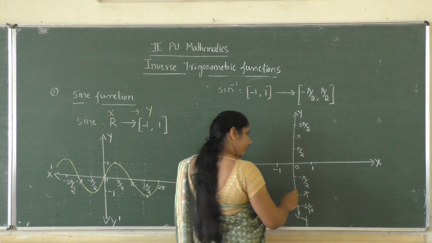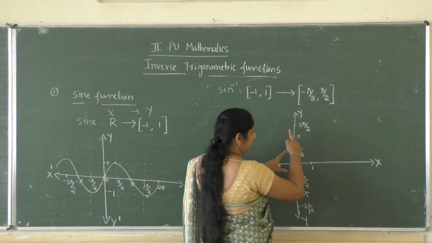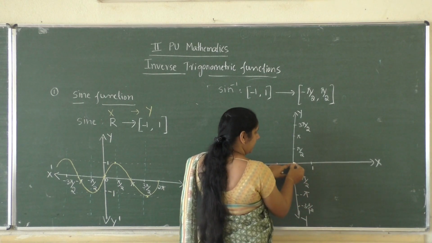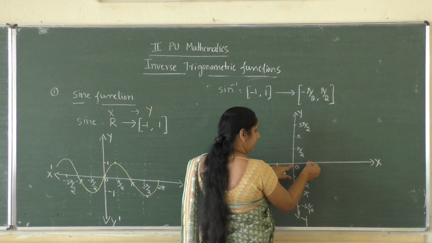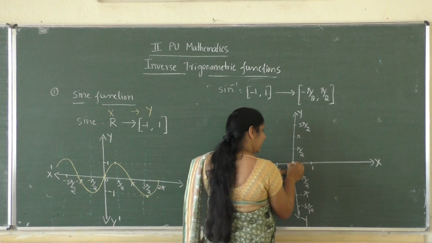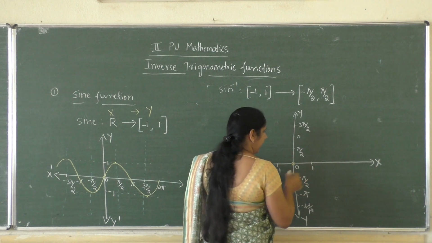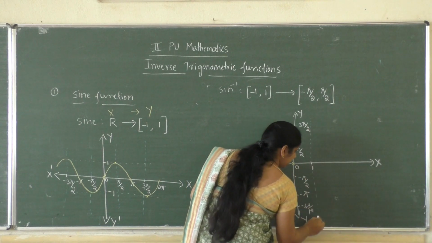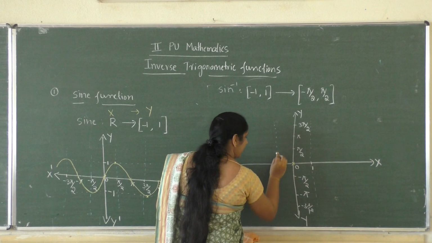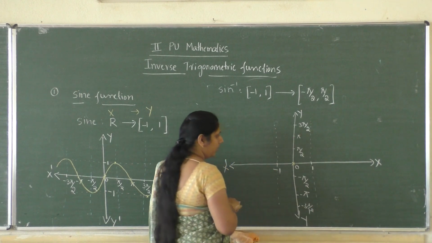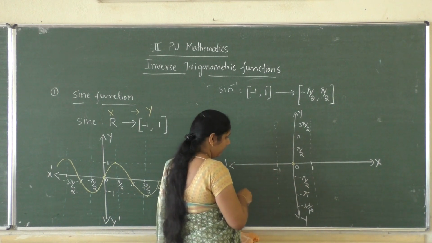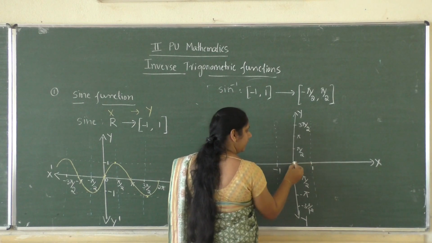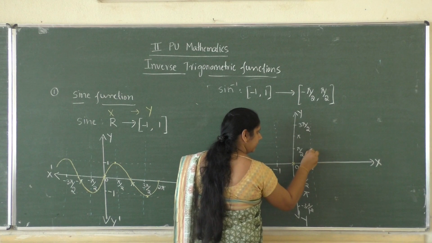Now see, just tilt this graph. When sine 0, sorry, the sine 0 value is 0. Again the graph must lie within this. When x is pi by 2, sin pi by 2 will be 1, so somewhere here.